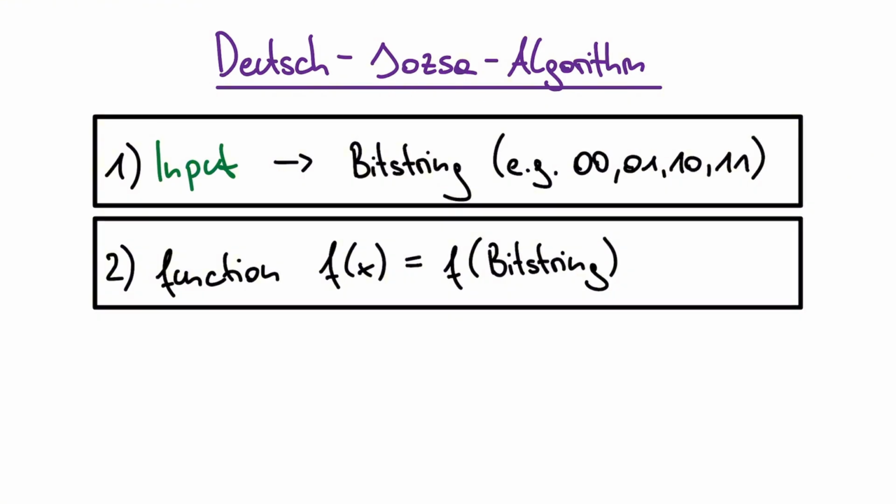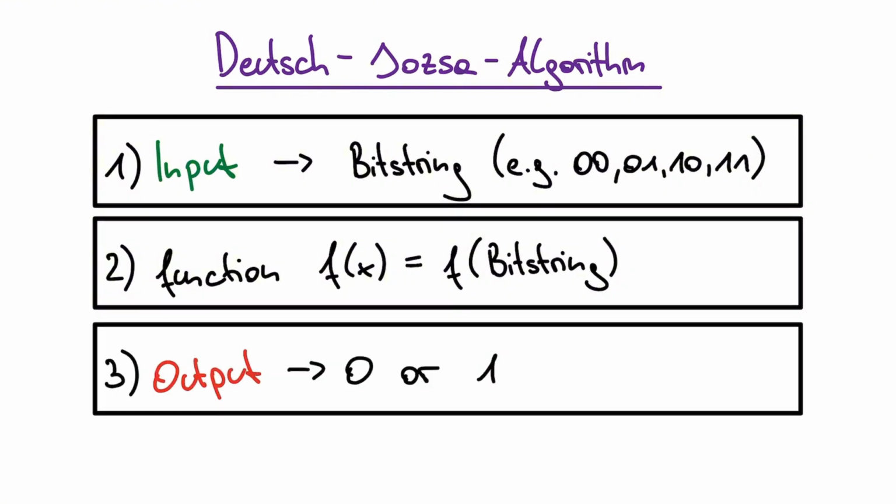So you can imagine something like this. You pass in 0 0, and the function gives you back 0. You pass in 0 1, and maybe it gives back 1. You pass in 1 0, and it gives back 1, and you pass in 1 1, and it gives back 0, and so on. What the function does internally with the bit string, we don't know. That's hidden. We just call it a black box.